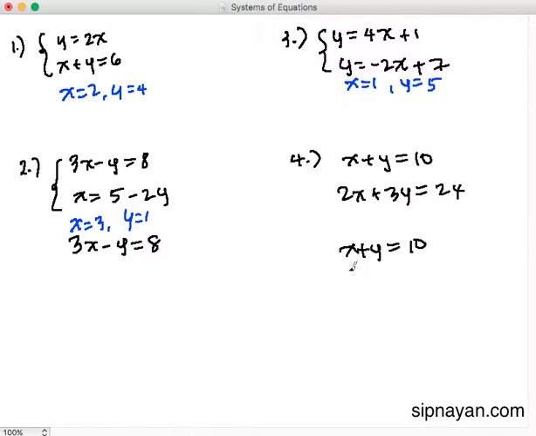If we take y, for example, y equals 10 minus x. We subtract x from both sides, so it disappears here, and we get minus x here. This is from equation 1. And then we substitute into equation 2.